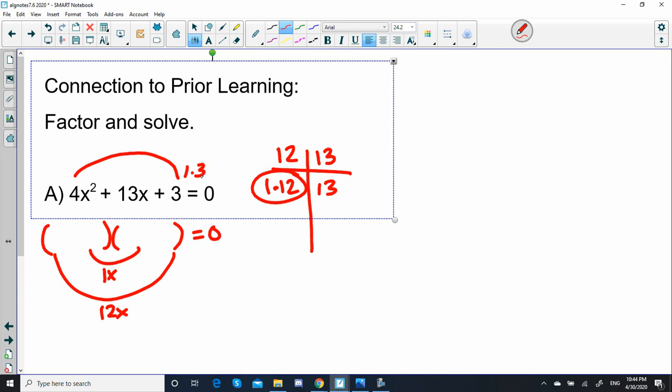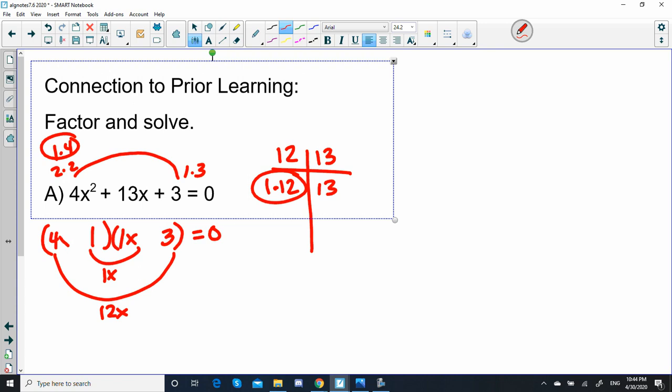So I'm going to put the 3 back here and the 1 here, because if I put 3 here, 3 times nothing is not going to give me 1x. So that piece of the puzzle won't fit there. My options for 4 are 1 times 4 and 2 times 2. Well, if I need the middle to be 1x, doesn't this have to be 1x? Which means it's this one.